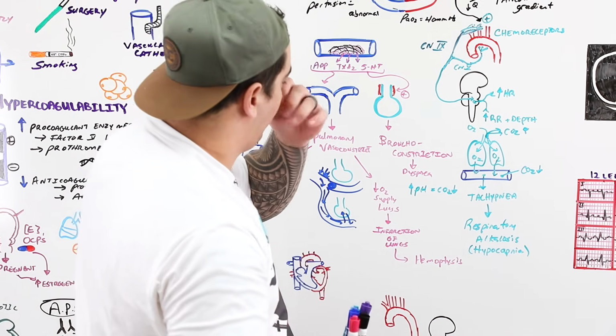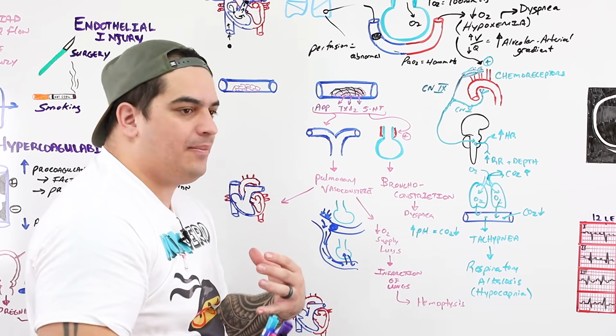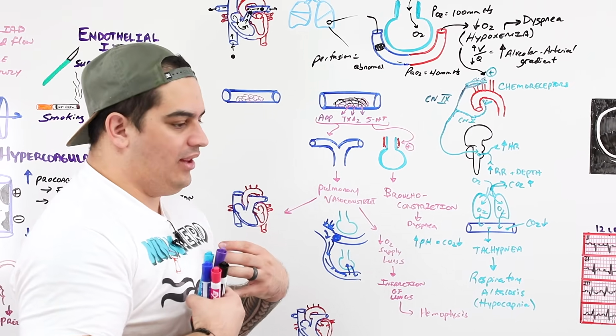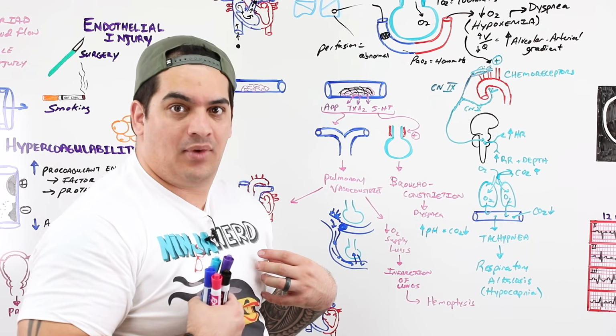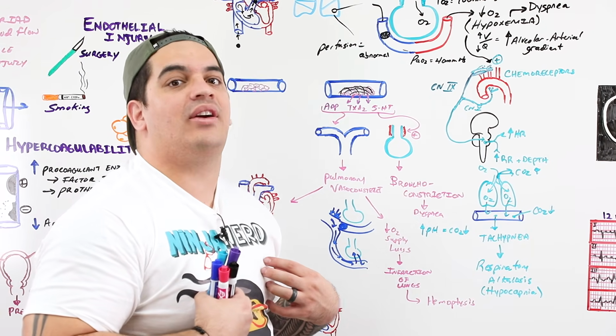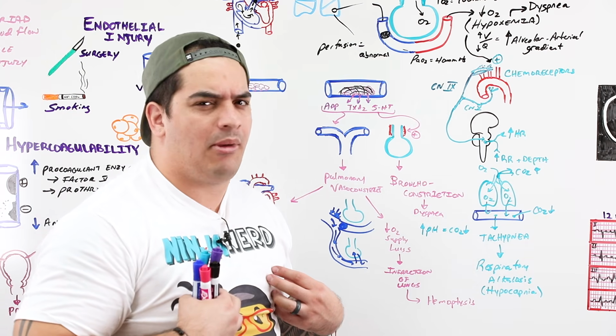One more. Whenever somebody has this kind of clot within the pulmonary capillary system, it causes a lot of pain, okay? And this pain is very intense sometimes, but the pain is very specific, and it's very important to remember this.